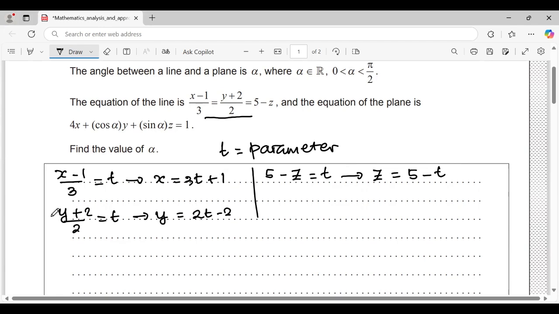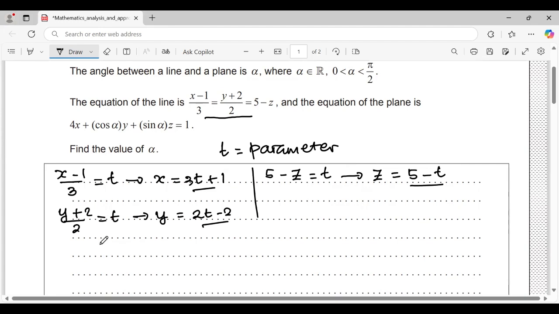Right, so the parametric equations are 3t plus 1, 2t minus 2, and 5 minus t.